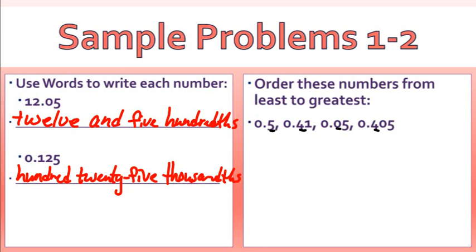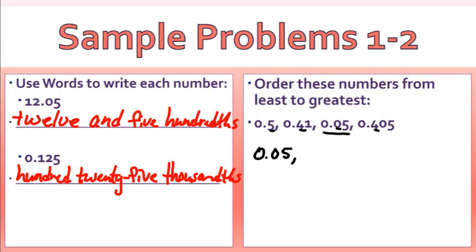So right now our biggest number is 0.5 or 5/10. So our smallest one is the one that has the 0 in it because that's 5 hundredths. So we would have 0.05 as our smallest number.